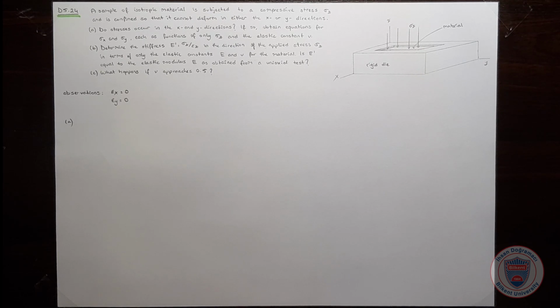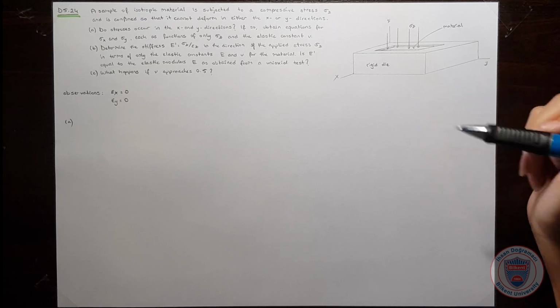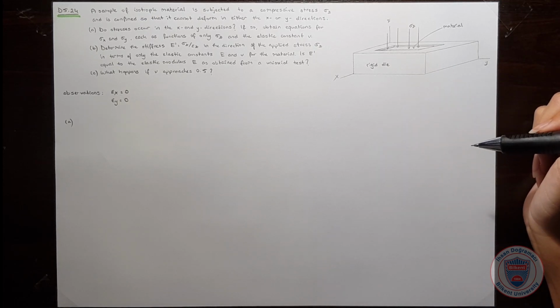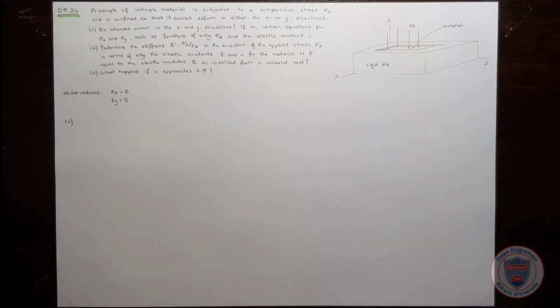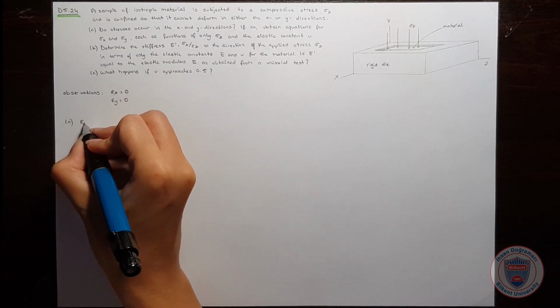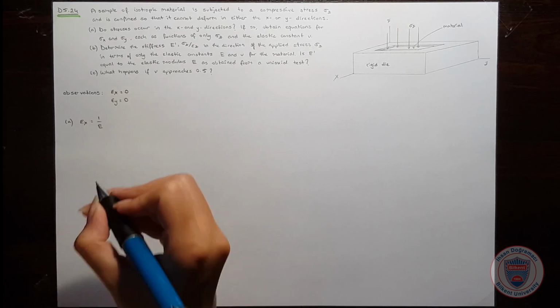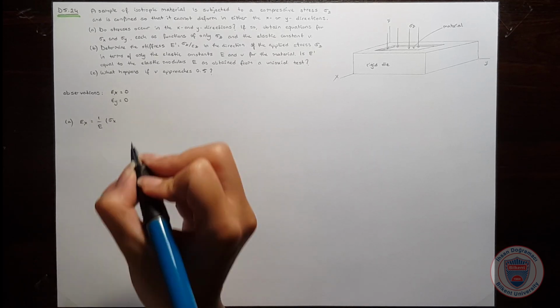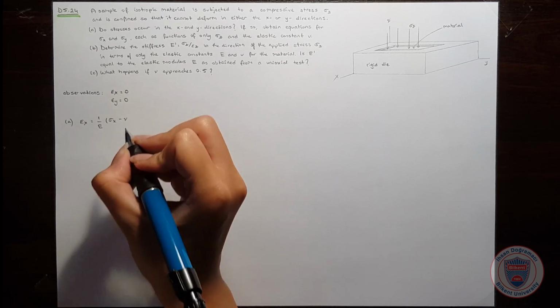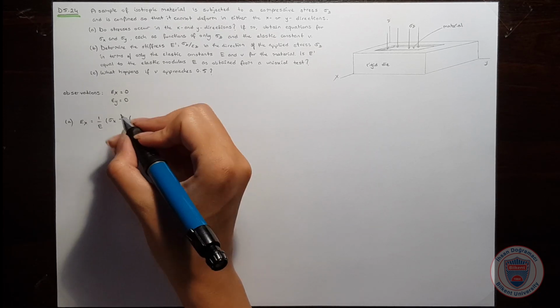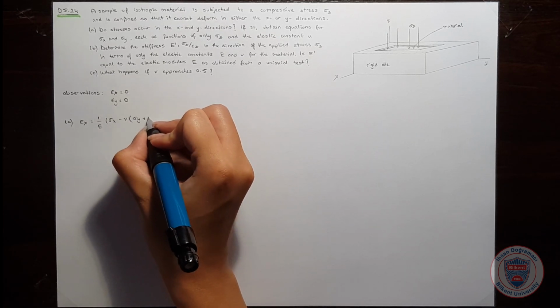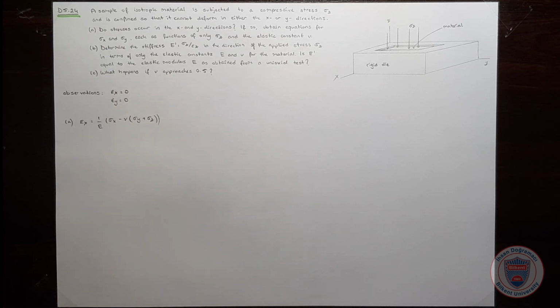Do stresses occur in the x and y directions? Yes, there are stresses in x and y directions because of the rigid die. Let's write their equations then. We know that epsilon x is equal to 1 over E times sigma x minus Poisson's ratio times sigma y plus sigma z.